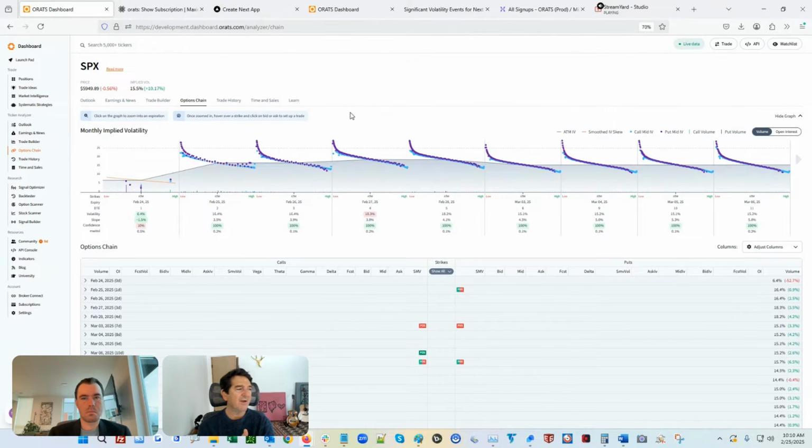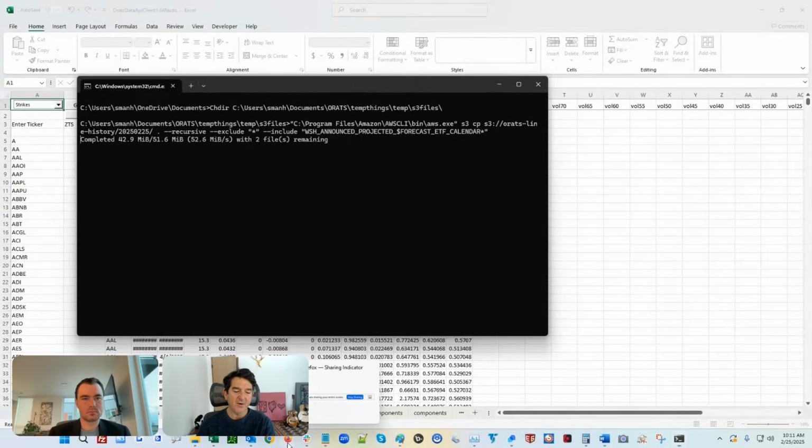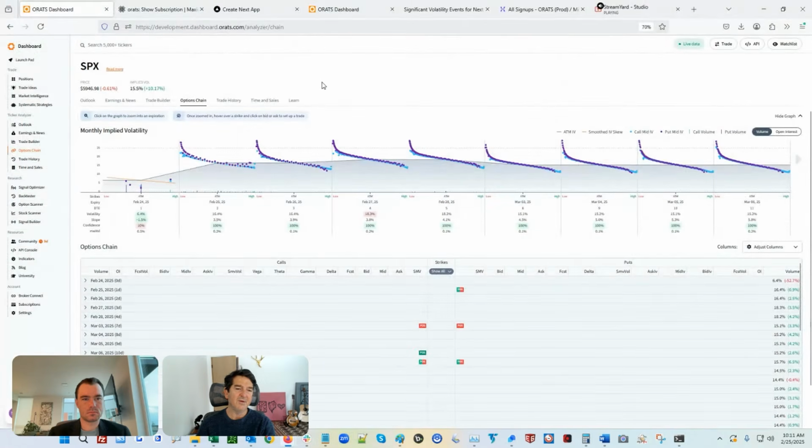So we use calendar days to expiration as our default.